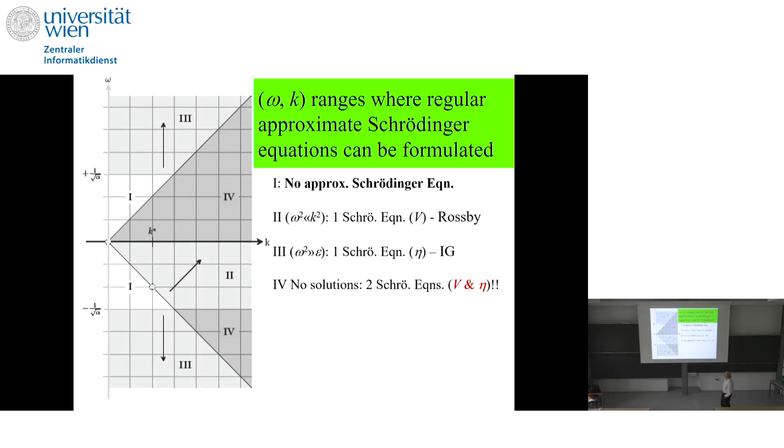Region 4 here is where we get two contradictory Schrödinger equations. And there is another interesting solution, the k equals 0 mentioned before, which has a solution.